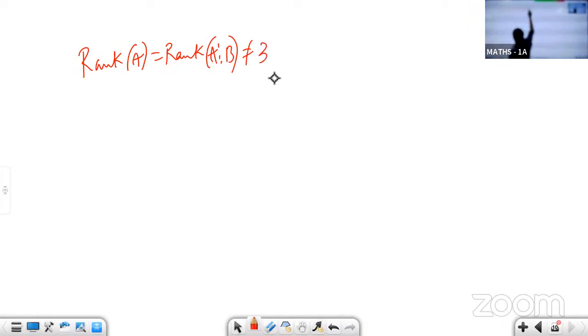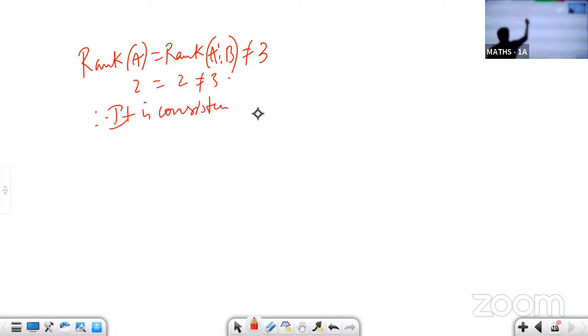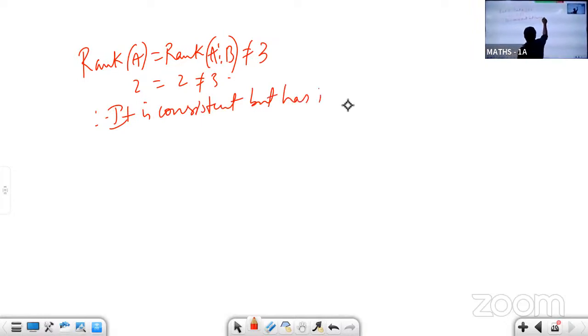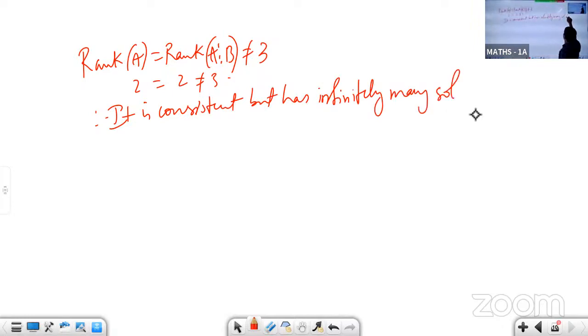So rank of A is equal to rank of AB, but which is not equal to the number of unknowns, 3. 2 equal to 2, not equal to 3. Therefore, it is consistent but has infinitely many solutions. Is it clear?